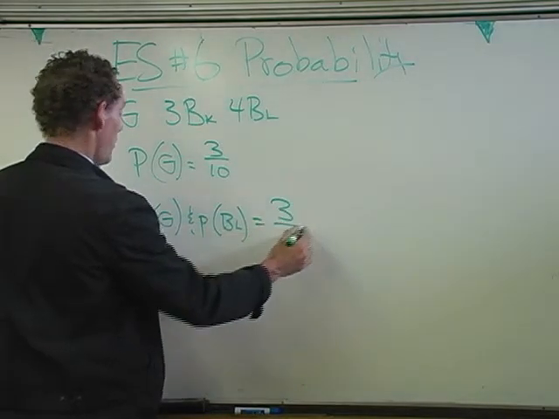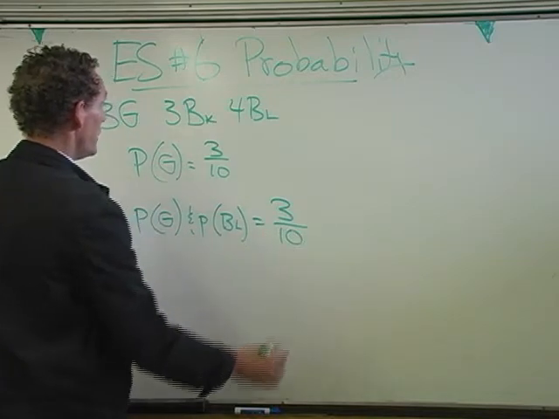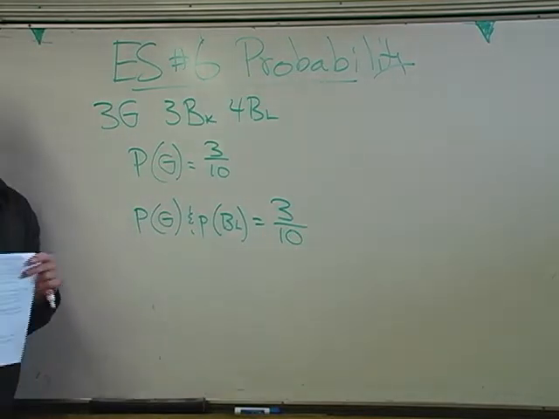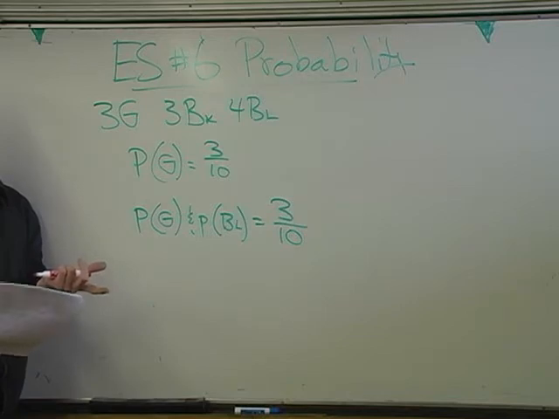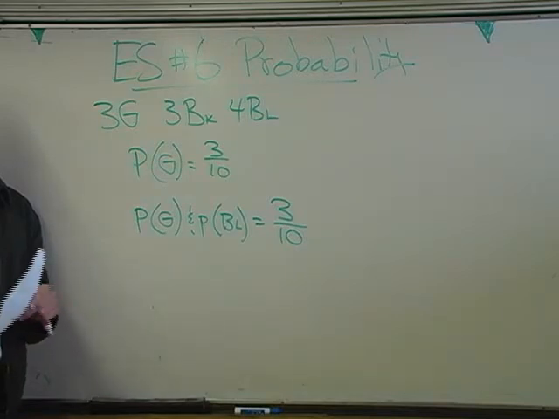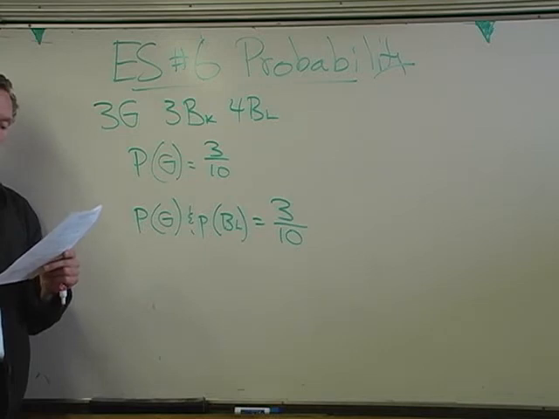So we have probability of picking a green pen is 3 out of 10. Now we have to assume, because it didn't say with replacement, we're going to assume it is without replacement. You pick that green pen, you don't want to give it back. And then you're going to pick, where are we? Pick a green pen and then a blue pen.